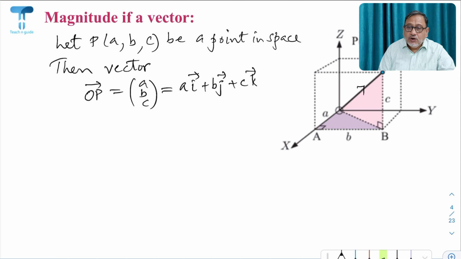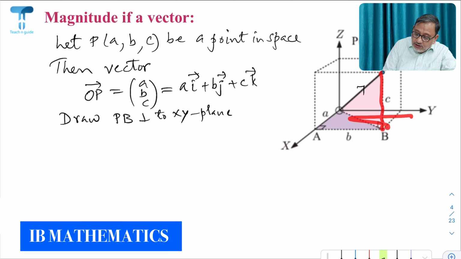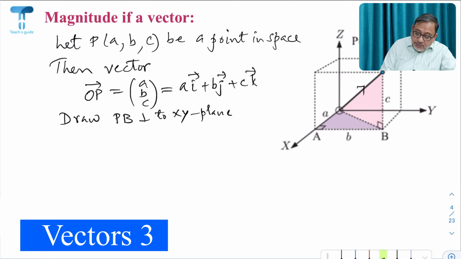So what we are going to do, draw PB perpendicular to the XY plane. So like that we are going to draw PB perpendicular to the XY plane. Look here, PB is perpendicular to the XY plane, and BA perpendicular to the x-axis.